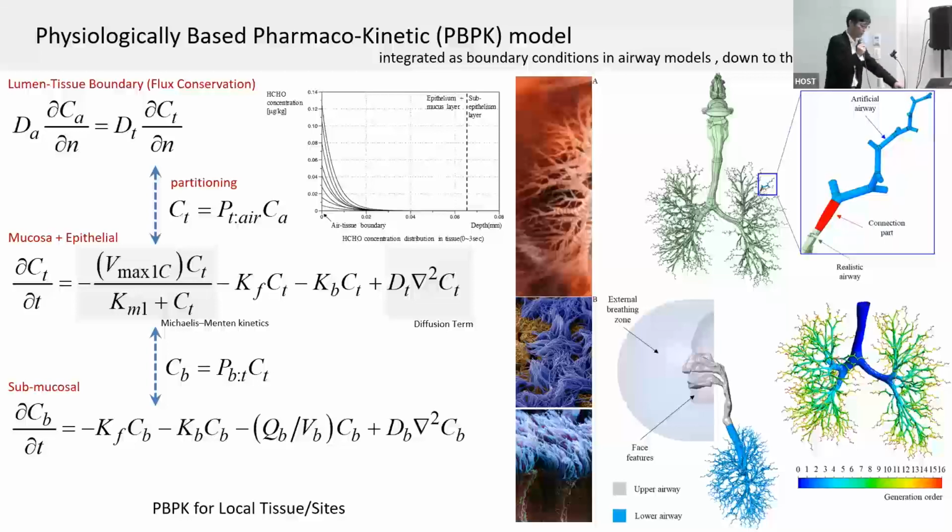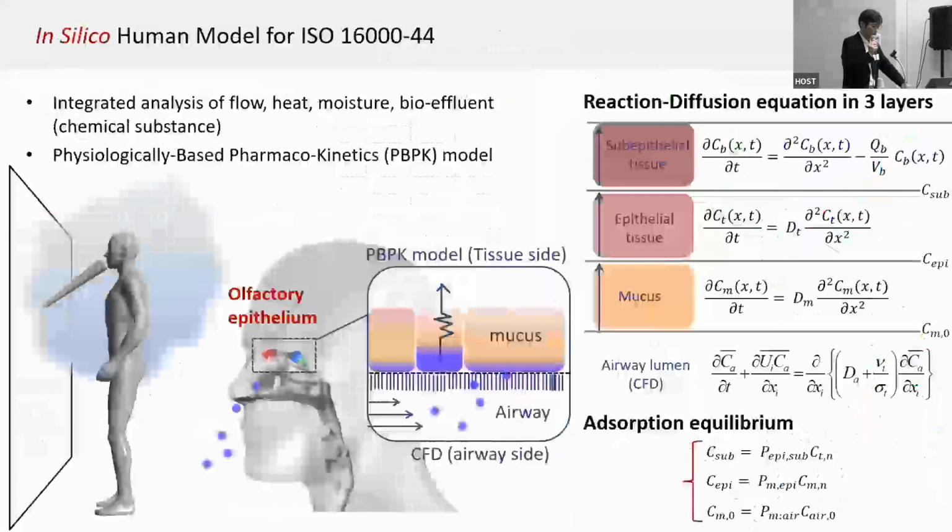Using this model, we integrated this PBPK model into a numerical airway model, and analyzed the transient phenomena of scalar dispersion in indoor environment plus inside respiratory systems. This is the outline of the numerical simulation.